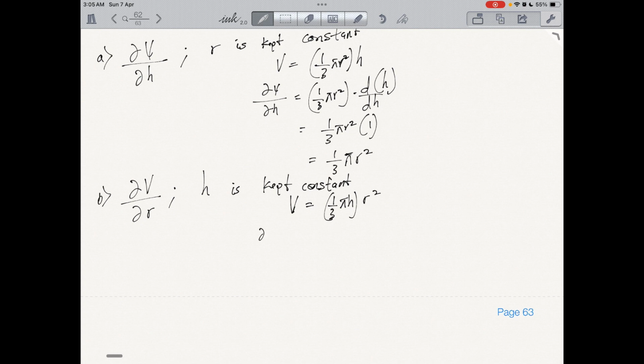Therefore, our partial derivative of V with respect to r is 1 over 3 pi h as the constant multiplied by the differentiation of r squared with respect to r. So this will give us 1 over 3 pi h multiplied by 2r, and in short we are going to have 2 over 3 pi rh.